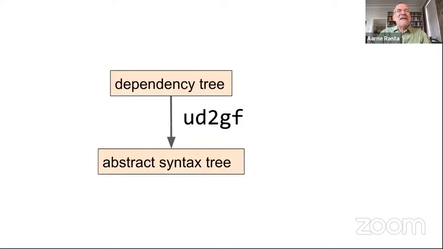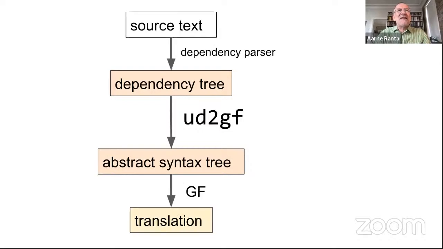Okay, I will show that in a while as well, but now let's look at UD to GF a bit briefly. The idea is that with UD to GF, you would get from a dependency tree to an abstract syntax tree, so that you could use this as a front end to GF, where you parse the source with the dependency parser, and then you translate the abstract syntax tree by generating with GF.